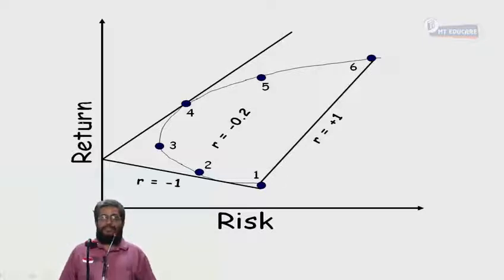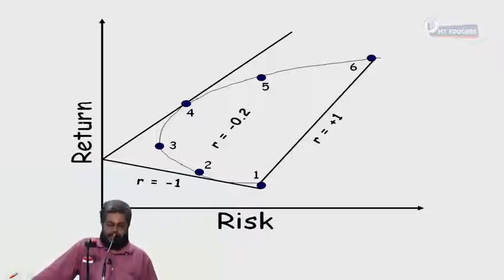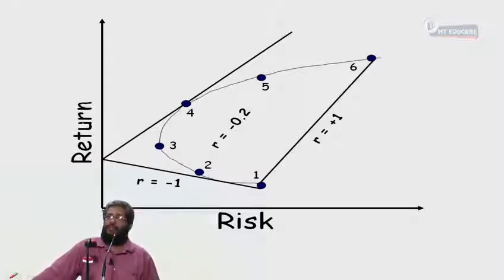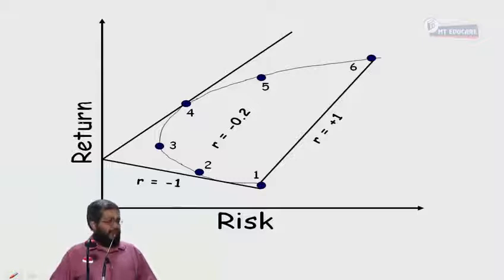Point number 2. Out of the 6, we can straight away reject portfolio 1 and 2 because they are inferior to, fill in the blank, what?